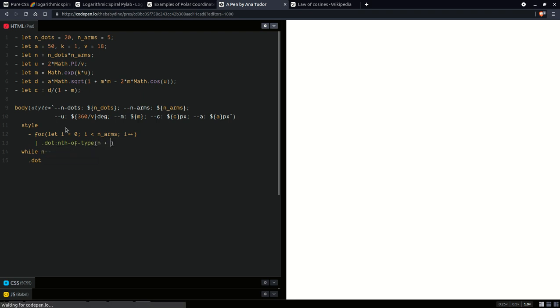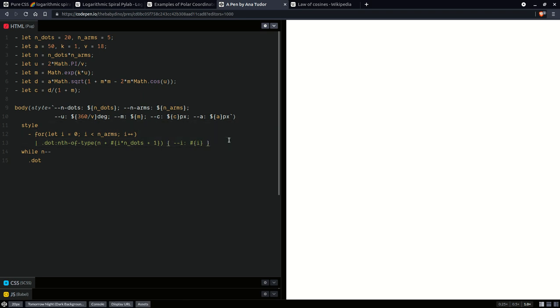Here we're going to have after all the dots on all the previous arms, so we are going to have i times the number of dots per arm plus 1, and +1 because this nth-of-type index is 1-based as opposed to the loop index, which is 0-based. And here we'll be setting the arm index to the loop index.